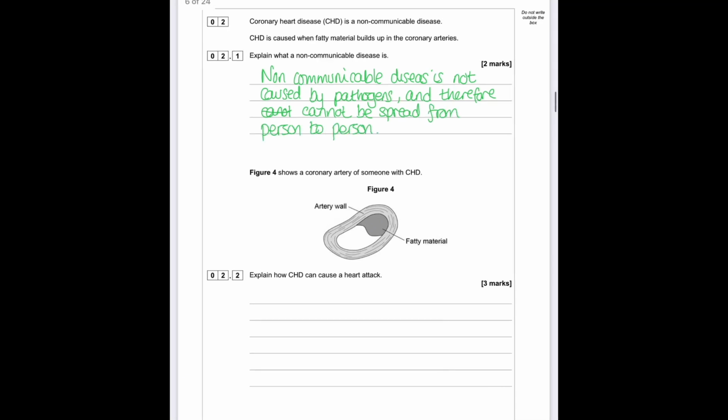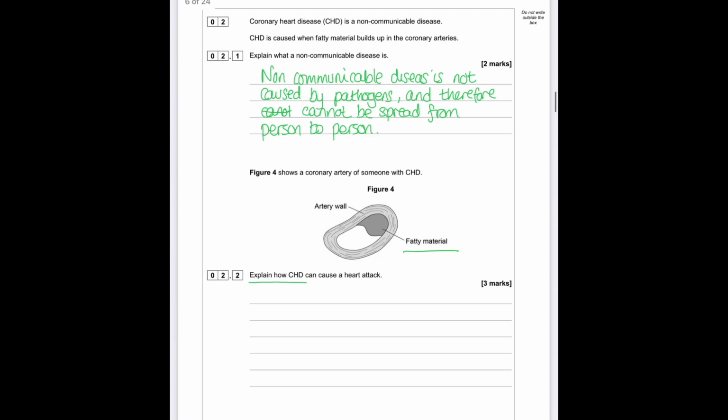Now, in the next question, we're shown a diagram, figure 4, of the arteries with the fatty material built up which is reducing the volume of blood that would be circulated. Now, our question is to explain how CHD can cause a heart attack.